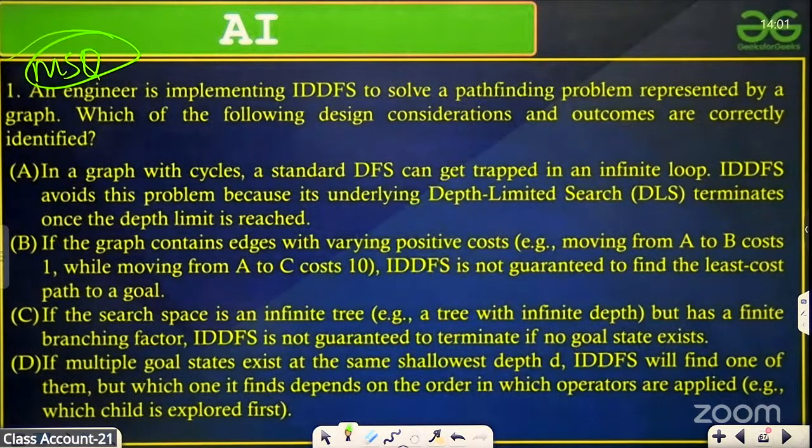Yes, guys, try to tell what the correct options are. It is MSQ, more than one is correct. Make a habit of solving MSQ questions.